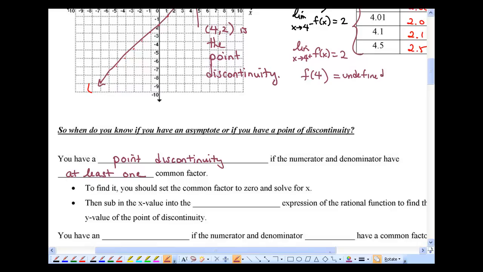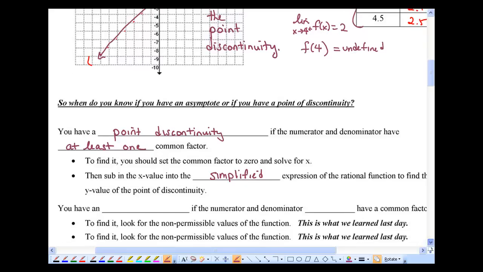And then, to find the actual y value for the point, you're going to sub the x value into the simplified expression. Not the original one, because if you plug it into the original one, you're going to get undefined. But if you plug it into the simplified one, you'll find the y value. Okay, so that's the point discontinuity.